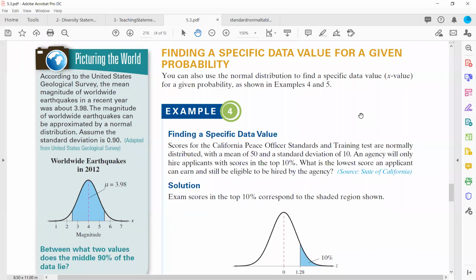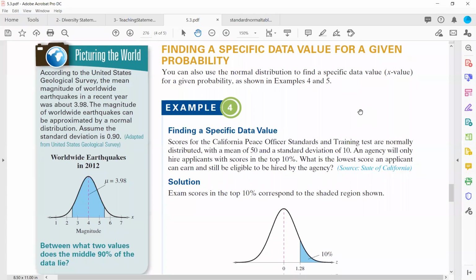Finding a specific data value for a given probability. Very well. So let's see what we have in this example. Scores for the California Police Officer Standards and Training Test are normally distributed. So for sure we know that we have a normal distribution. The mean is 50 and the standard deviation is 10.